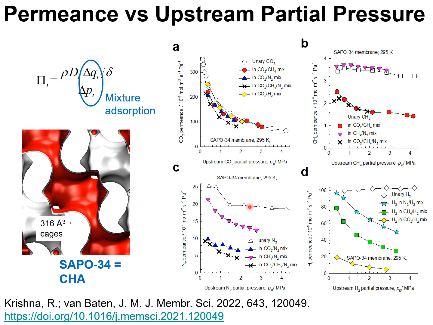But the reverse is true for nitrogen permeance. These are the pure component permeances of nitrogen, and this is the component permeance for nitrogen in mixtures with methane. The component permeance for nitrogen in mixtures with methane is lower because of competitive adsorption, and CH4 is more strongly adsorbed, and therefore there is a lowering in the permeance.